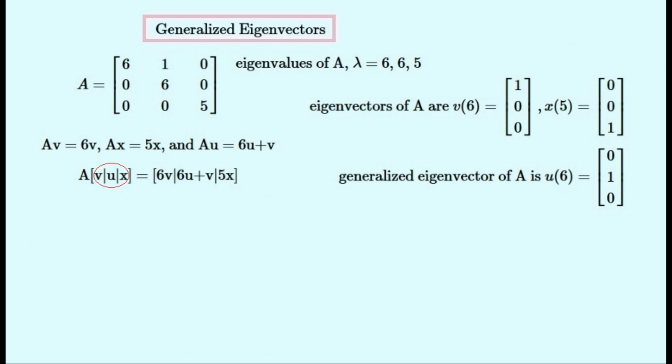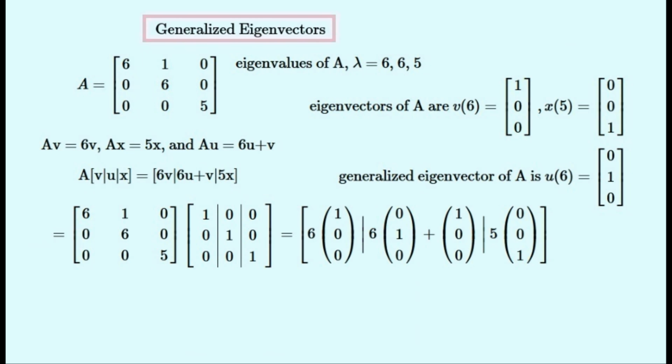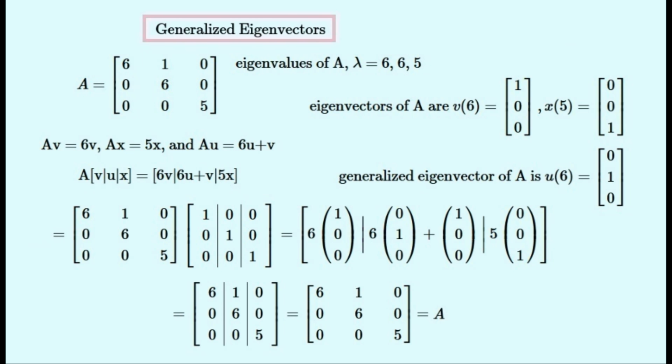We could build up a matrix out of columns of these vectors like this. We could start substituting the matrix and eigenvectors into this equation. And this is what the column vectors look like when multiplied by their corresponding eigenvalues, which gives us the same matrix A back again. And here it is without column dividers.